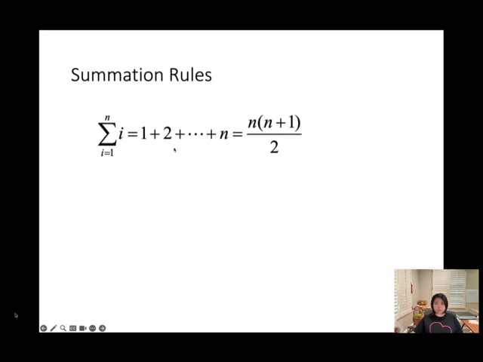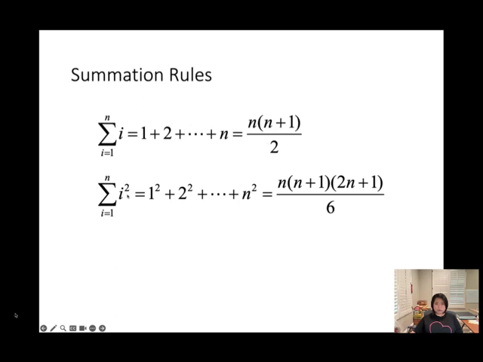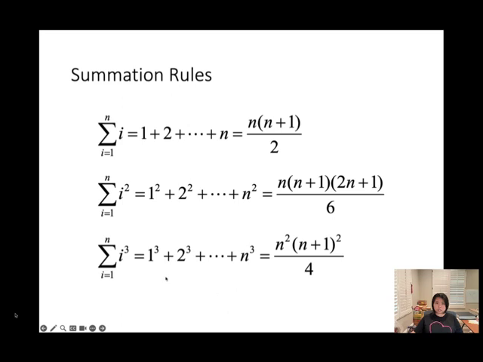Second one, when you have i squared here, 1 squared plus 2 squared until n squared, you could use this formula: n times n plus 1 times 2n plus 1 over 6. Last one here, when you have i to the power of 3, that will be the formula. This is how you plug in the number and then calculate the partial sums here.